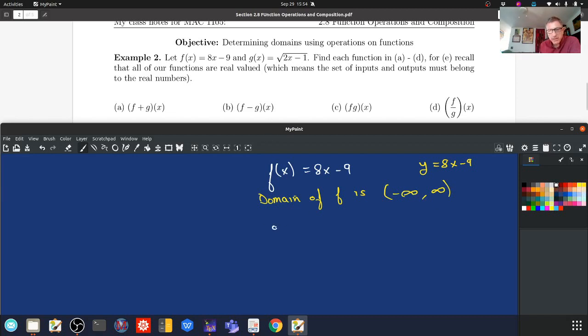So what about g? Well, g of x is equal to the square root of 2x minus 1. And I know we know about complex numbers, but these are all called real valued functions.